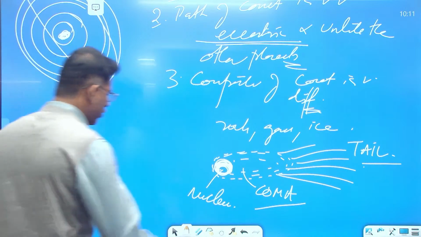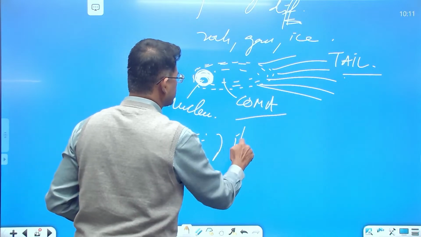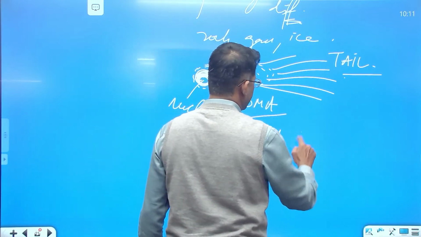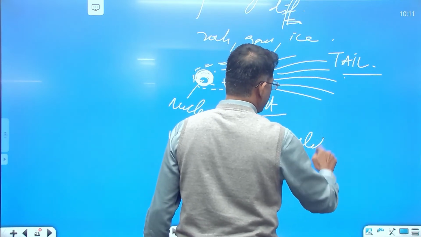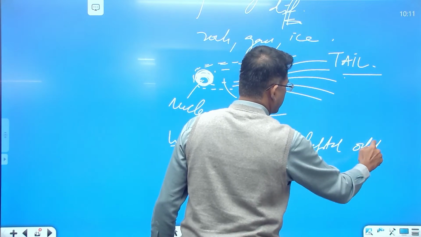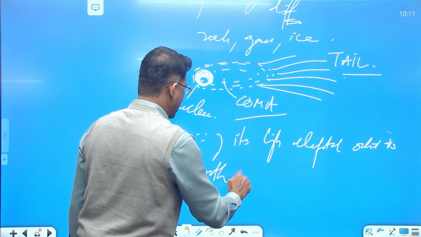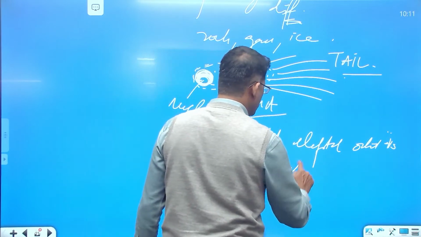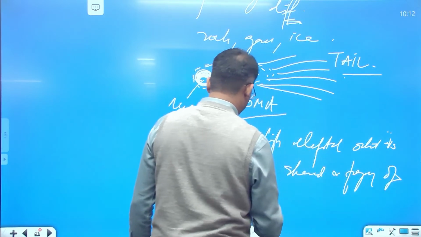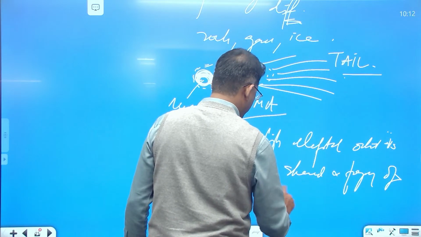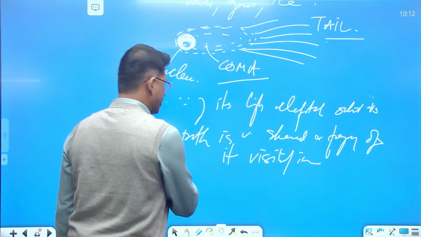Okay. And the fourth important point is, because of its highly elliptical orbit, its path is very skewed, and the frequency of its visibility is very rare.